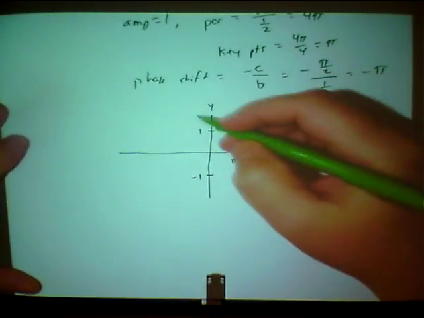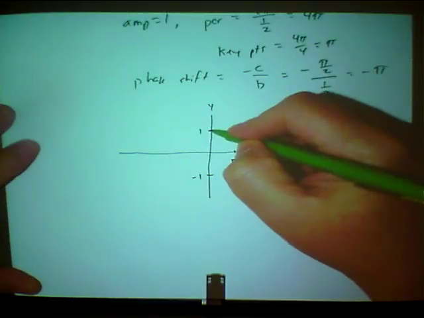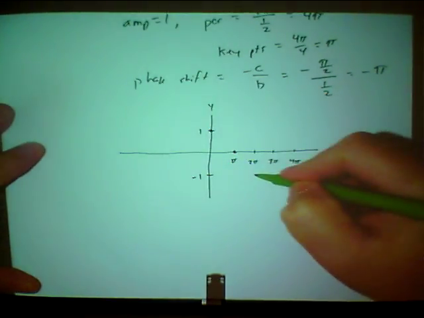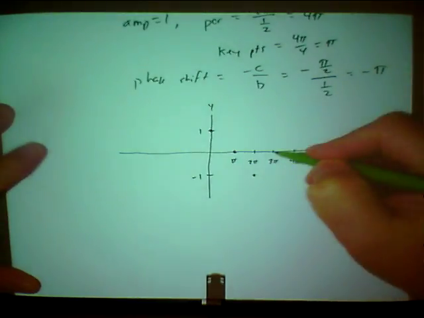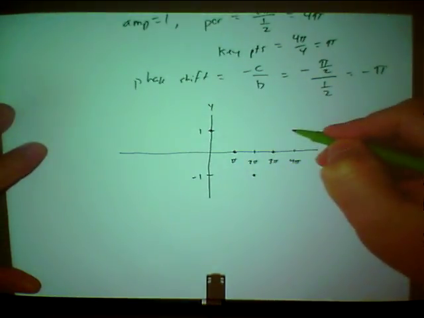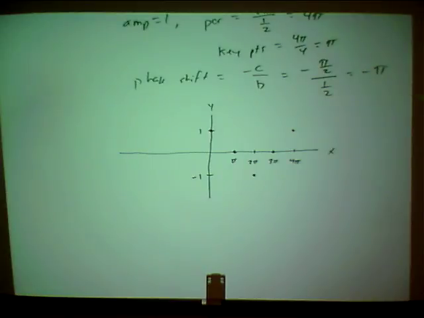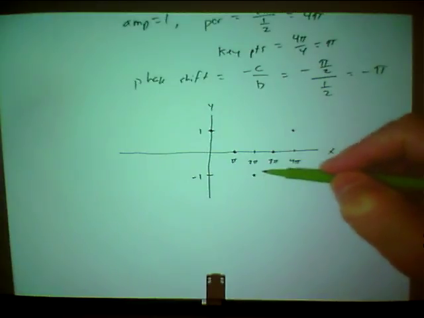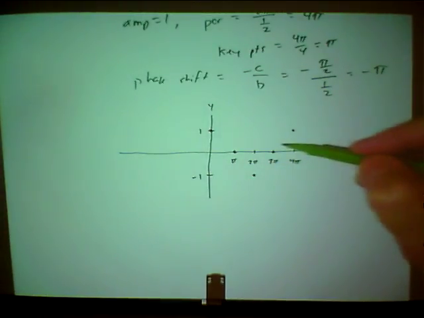Of course, the cosine starts out at maximum, then it drops to 0, then it goes negative, comes back to 0, and back to its maximum. Now actually I could lightly sketch in this graph, but of course that would not be my final graph because I haven't taken into account the phase shift.